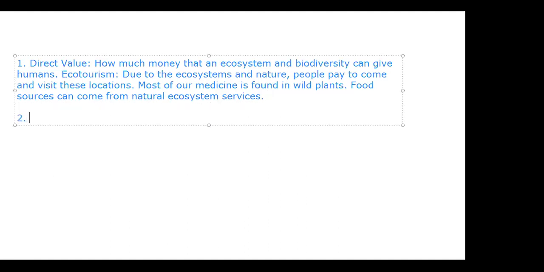The next one, and this is a little bit harder to look at, but these are the indirect values. Okay, and so some examples we have here are these things called mangrove trees. Okay, and so mangrove trees, these are found on the edges of bogs or swamps, okay?